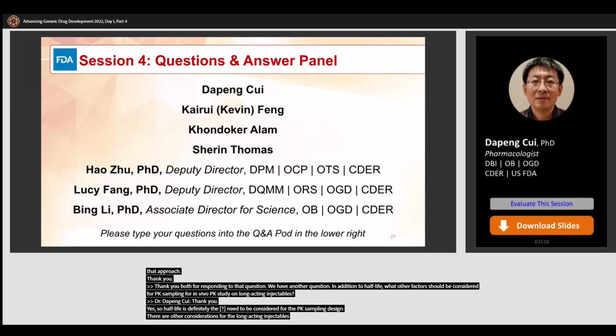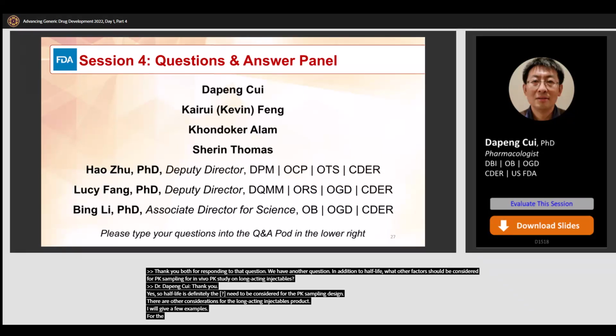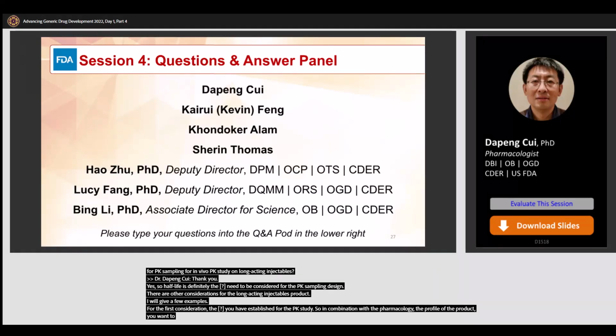The first consideration is the sensitivity of the analytical method you have established for the BE study. So in combination with the clinical pharmacology, with the PK profile of the study product, you want to ensure your analytical method is able to capture the absorption and elimination phase and avoid unnecessary PK samples.